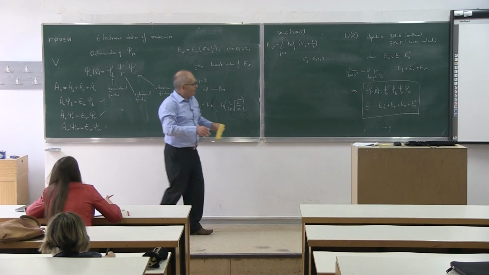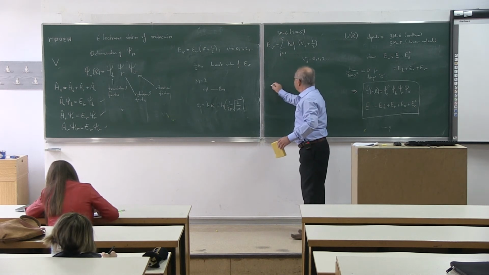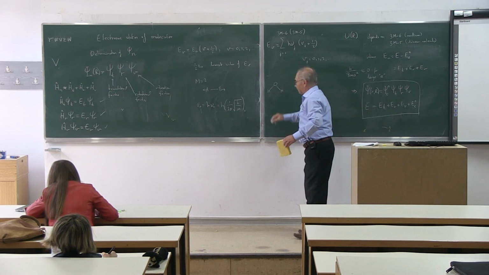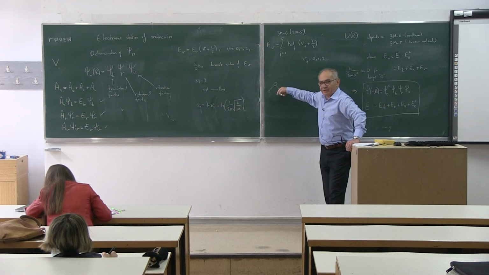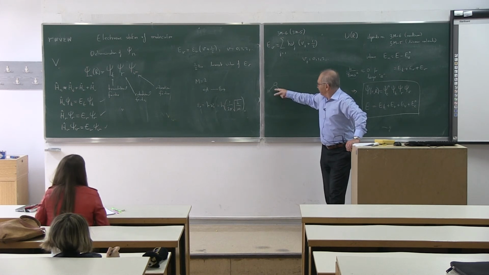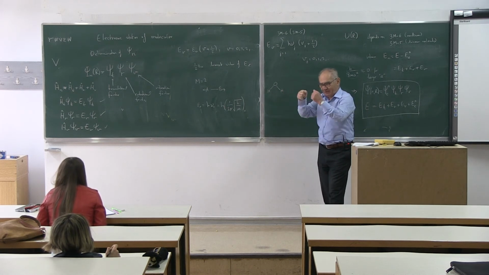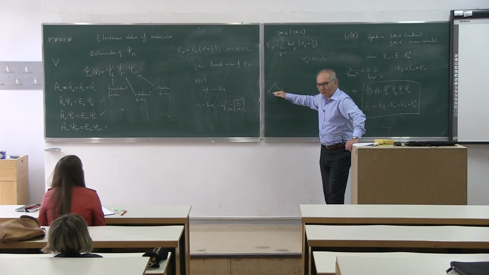So, for example, if we have a water molecule, how many atoms are there? 3 atoms. This is the normal structure of the water molecule. It is bent. It is not linear. So this is a polyatomic molecule, a non-linear polyatomic molecule.